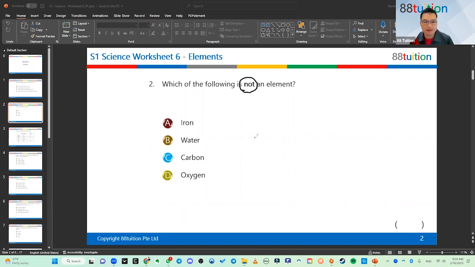Which one is not an element? Is iron an element? You learned in your textbook. So iron is an element. How about water? Is water an element?